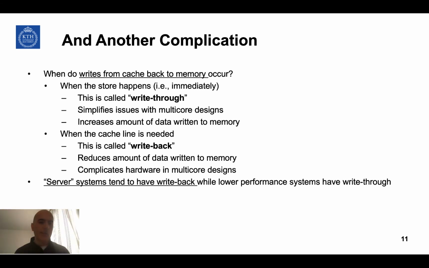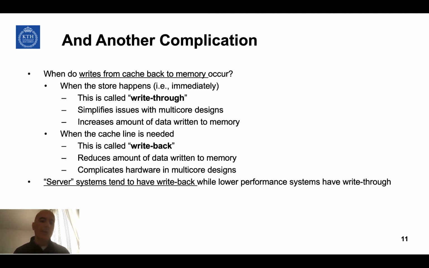A second option is what is called write back, where the writes from cache back to memory occur only when the cache line is actually needed. So this reduces the amount of data that is written to the memory, but also complicates the hardware in multi-core design.